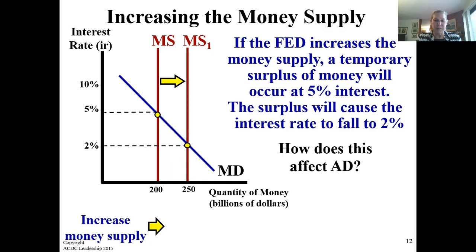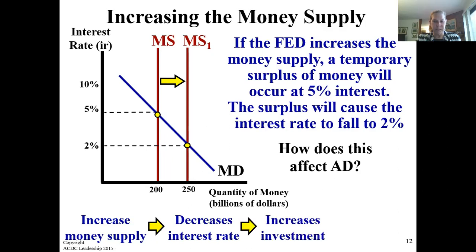Okay, so you're going to have to memorize this flow. Increase money supply yields decrease in interest rates, yielding increase in investment, yielding increase in aggregate demand. Okay, so commit this entire diagram and verbiage to memory. So take a screenshot of this and take a look at it again.